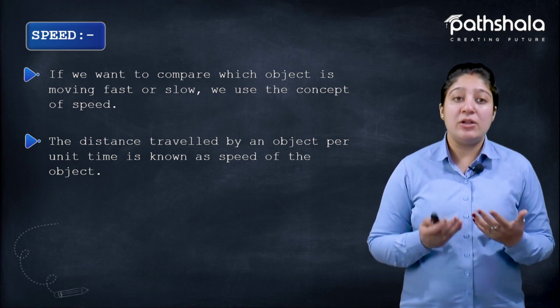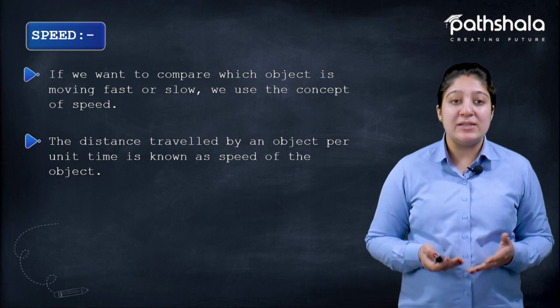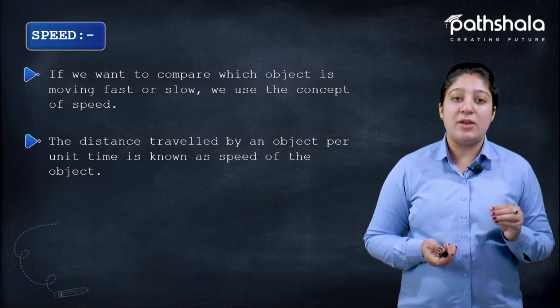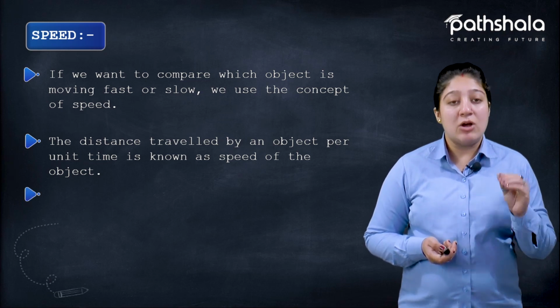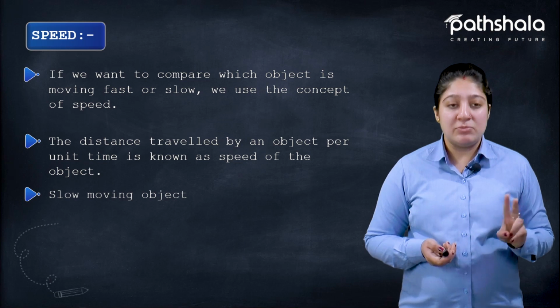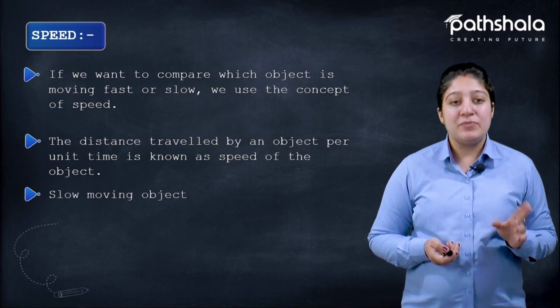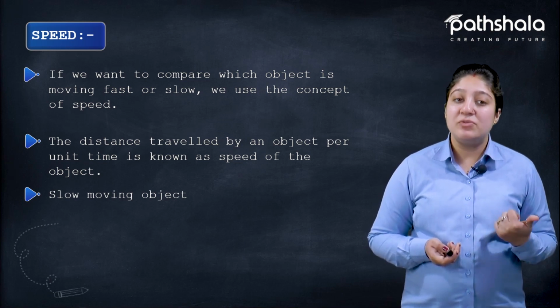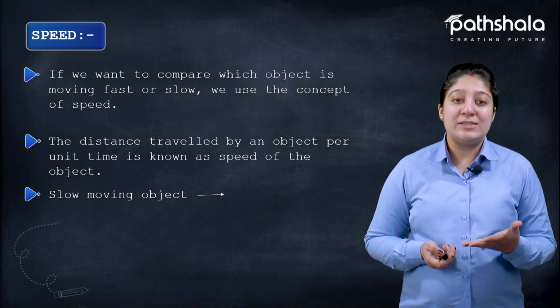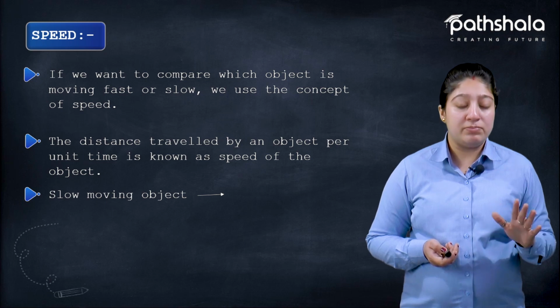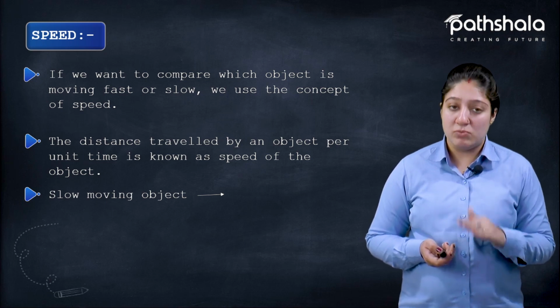So we define speed as the distance traveled by an object per unit time is known as the speed of the object. Let's take an example: two objects are moving, and one is moving slow, that is, it is covering less distance in more time.